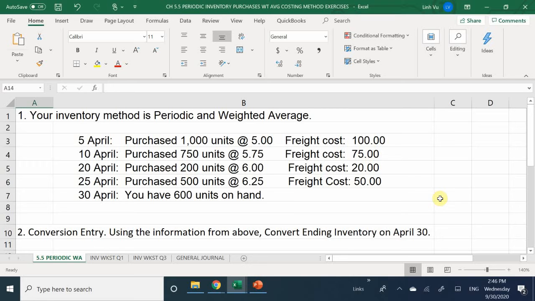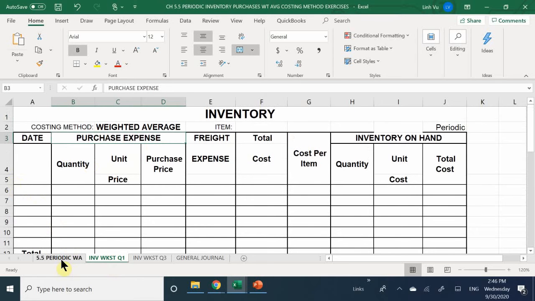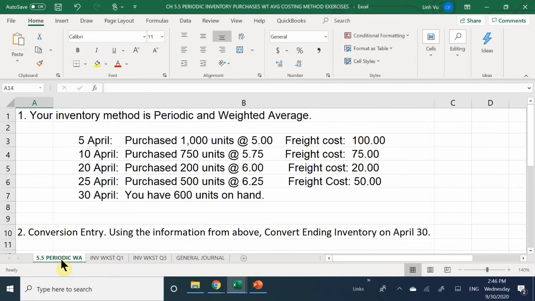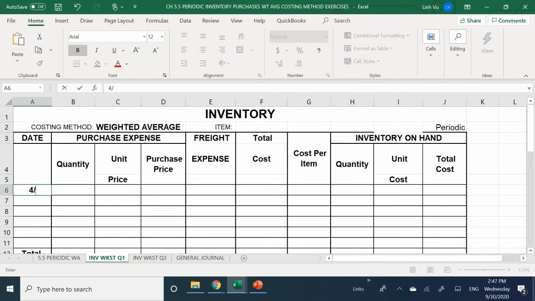So what happened on April 5th? April 5th, we purchased 1,000 units at $5 each with a freight charge of $100.